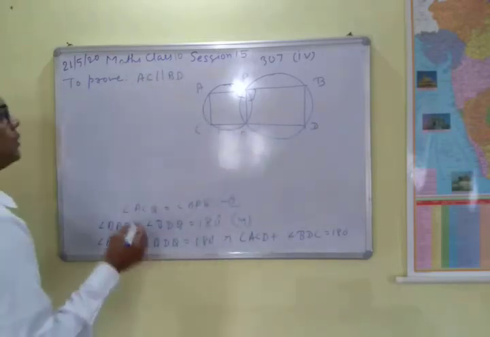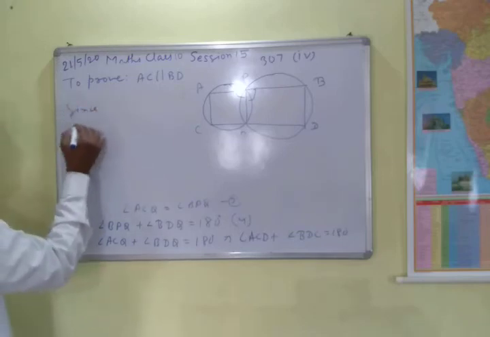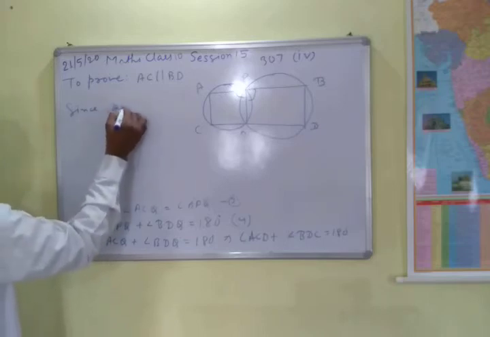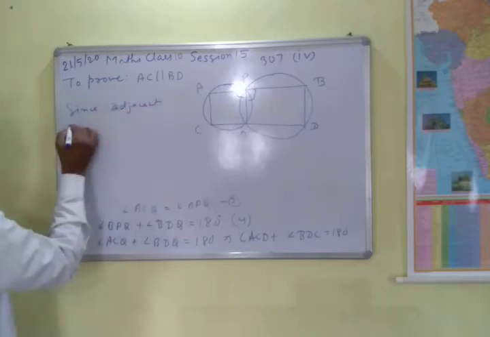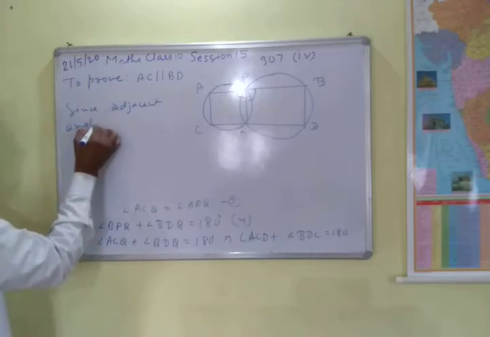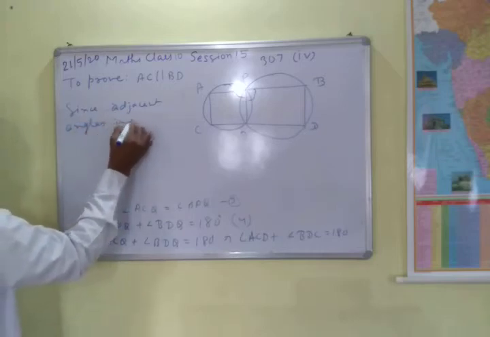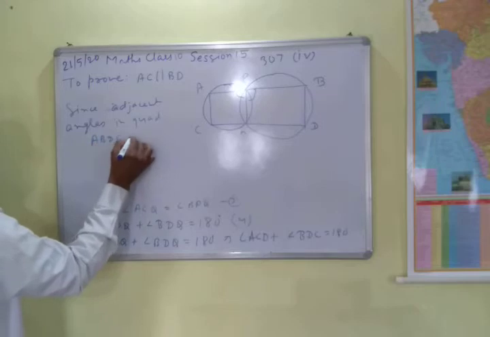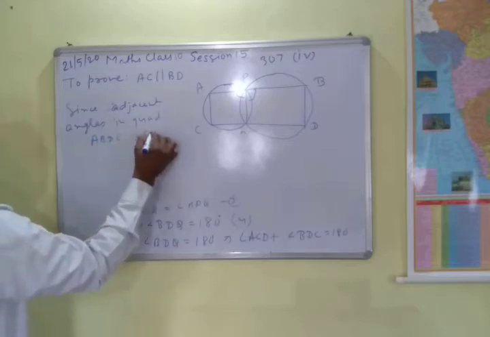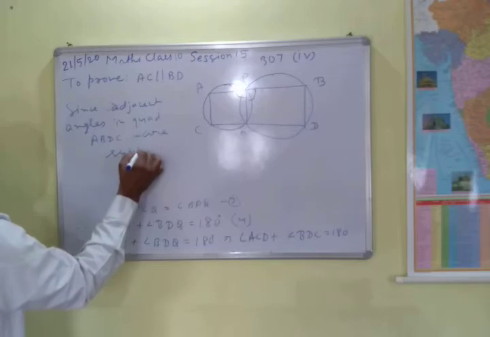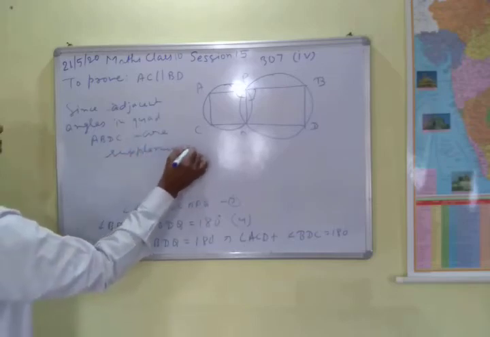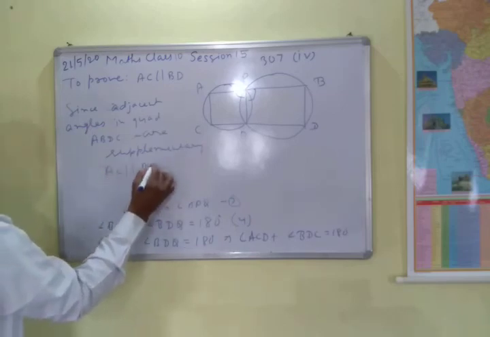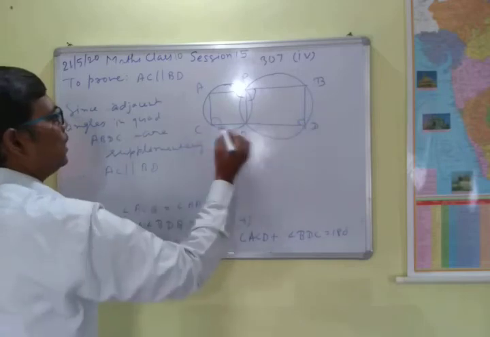Here write that since the adjacent angles in quadrilateral ABDC are supplementary, therefore we have AC parallel to BD, because these two are the adjacent angles and this is the transversal.